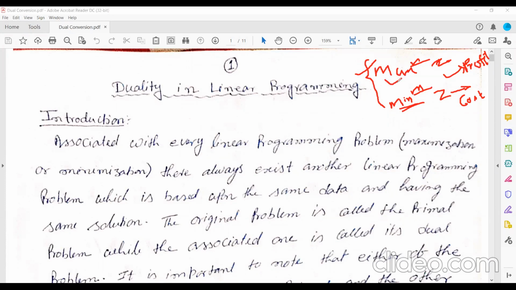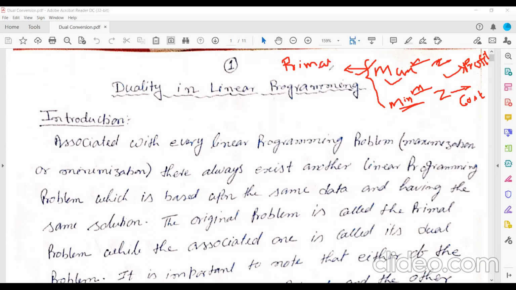This linear programming problem is the dual of the original problem. Whenever you have an original linear programming problem, whatever is given, that original problem is called the primal. So this is your primal linear programming problem.